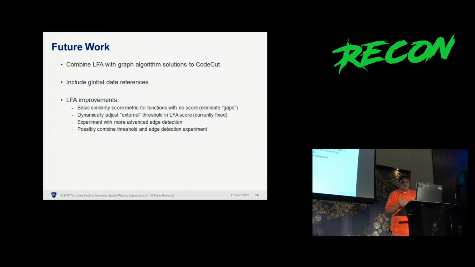So, future work. I still think that there's promise for graph algorithms in this space, so I'd really like to try that out. Especially if we combine this LFA score with the graph algorithms, we may be able to get a stronger solution there. I mentioned global variable references.